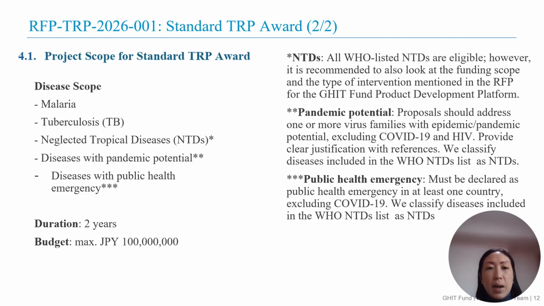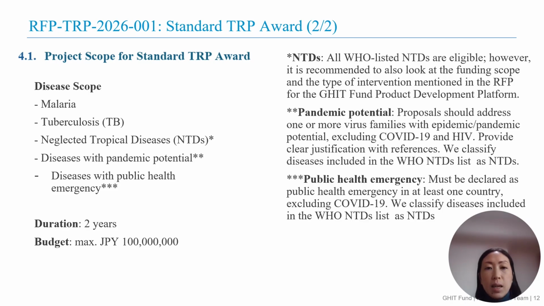For diseases with pandemic potential, there is no fixed list, but we are especially interested in projects addressing one or more virus families with non-pandemic risks. Clear justification with references needs to be provided for why you consider the disease to have pandemic potential.